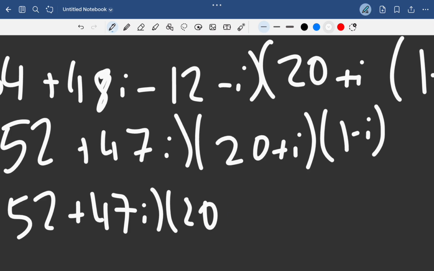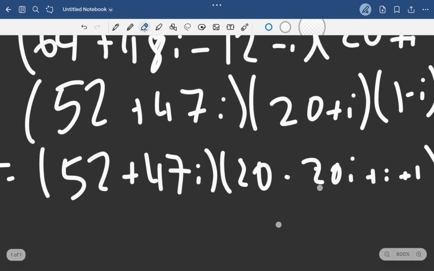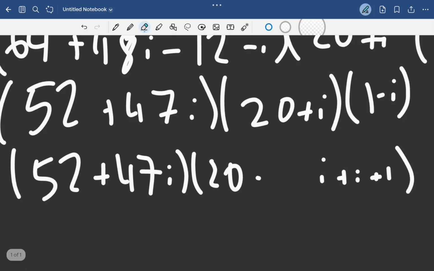So this is 20 minus 20I plus I plus 1. And that is 21 minus 19I.